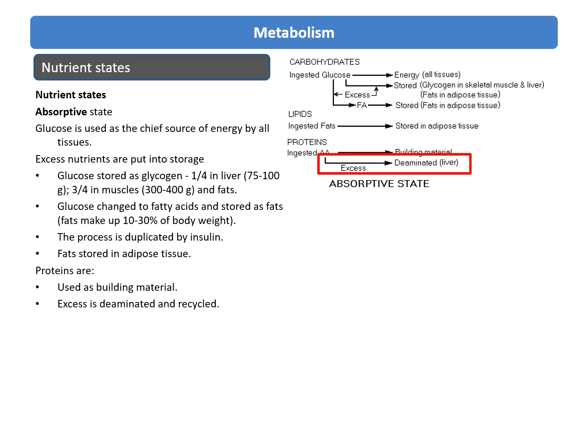Any excess proteins, rather than being stored, will be deaminated, that is, removal of the amino group from the amino acids. The amino group components are excreted. The rest is recycled. Because remember, the body has no way of storing excess proteins.